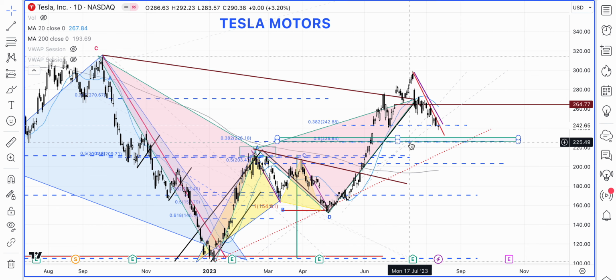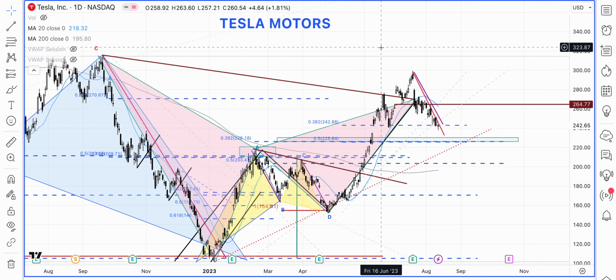The market symmetry concept is that markets like to repeat over and over again, and one of the things we like to take a look at is the magnitude of the previous declines and how the market will respect that.